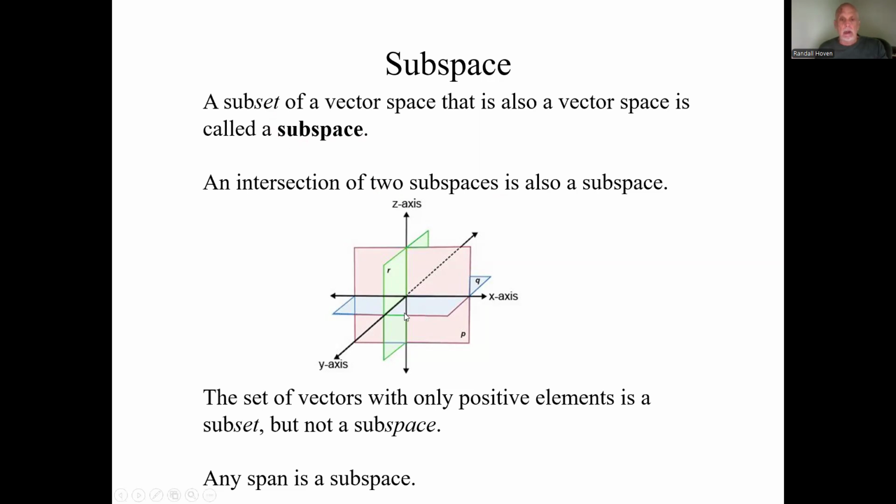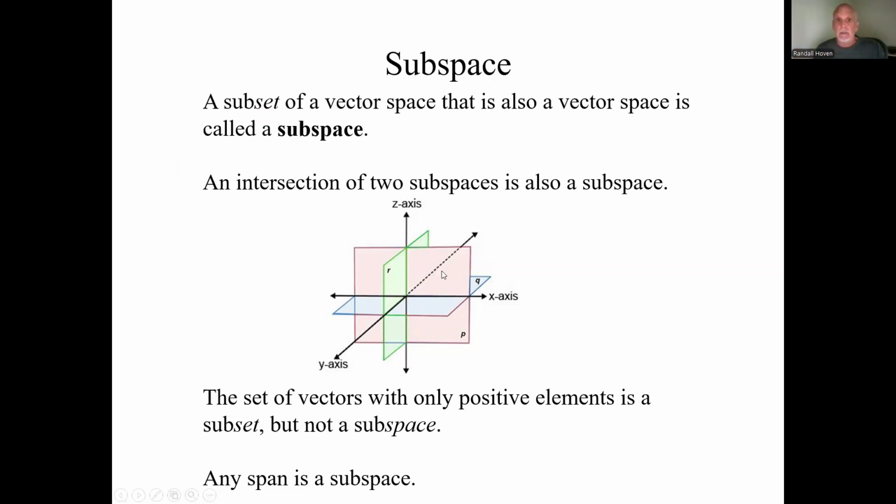Like here, consider two of these planes. All planes contain the origin. The intersection of those planes will be a line, and it's going to be a subspace. Even if it's tilted, you're still going to intersect at a line. Unless they're totally parallel to each other, meaning they're the same plane.